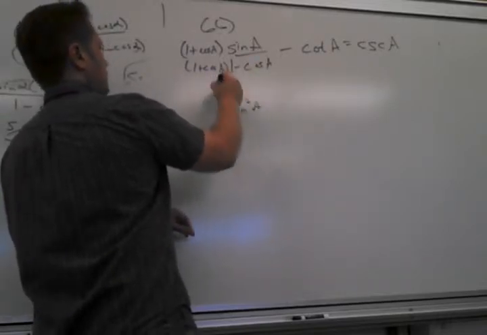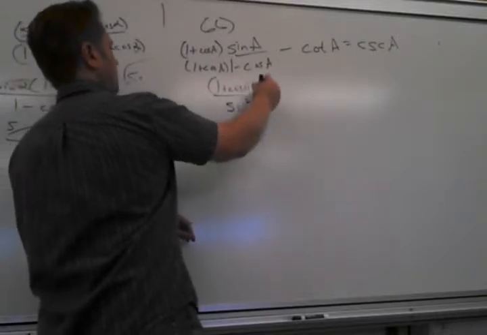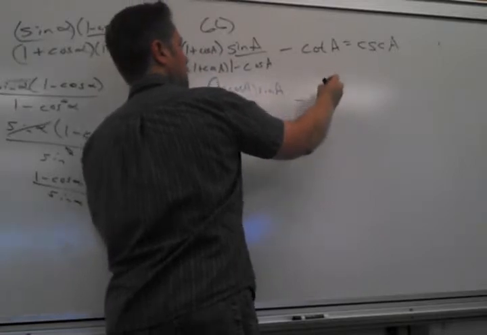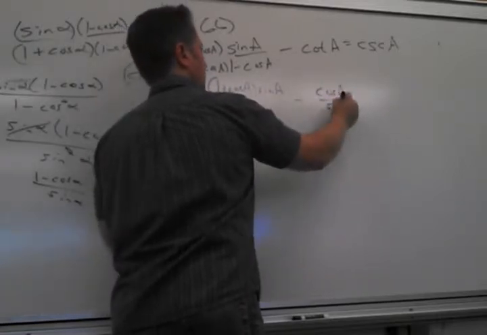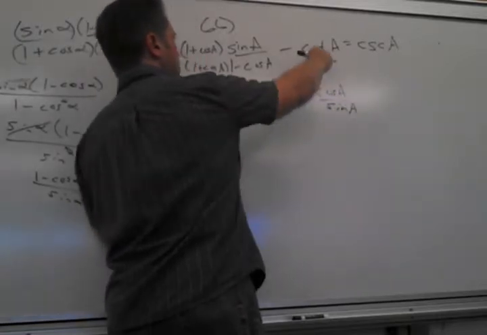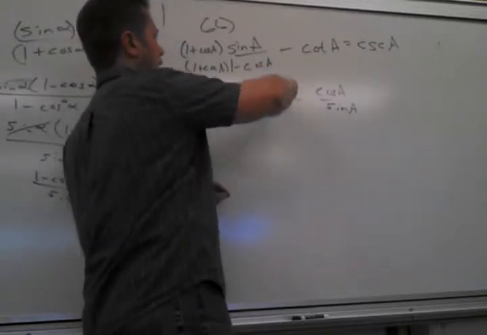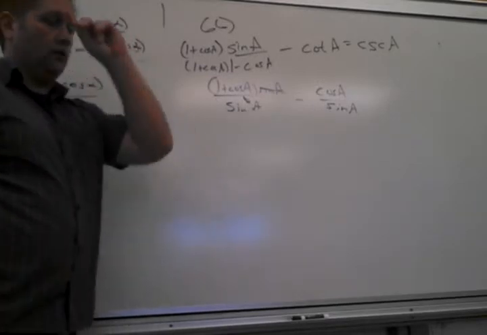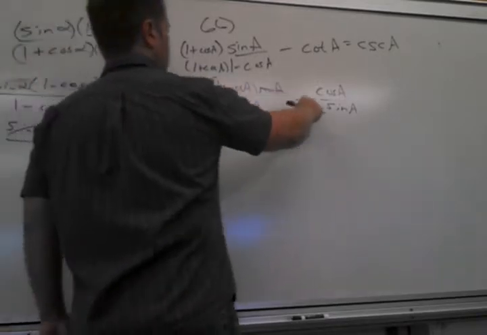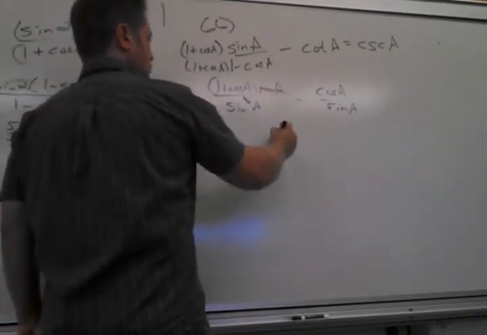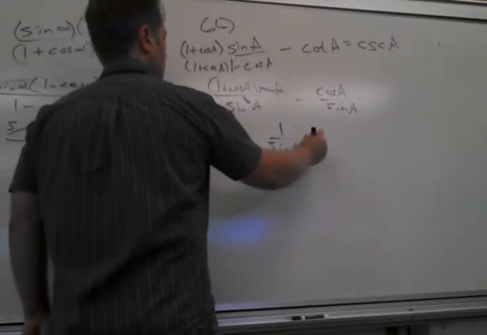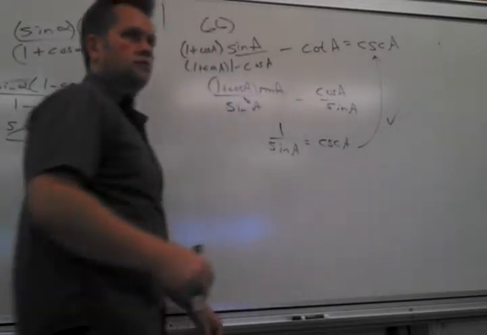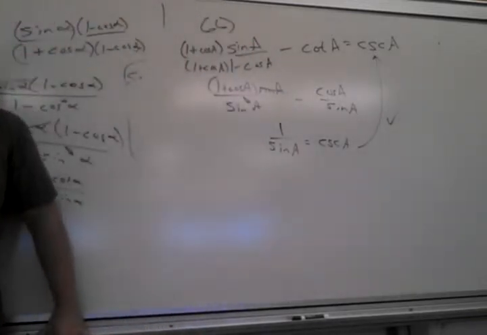I want to keep these apart because, and of course, cotangent is... So instead of forcing the bottoms to be the same from the beginning, if you simplify this piece, the bottoms become the same. And of course, 1 plus cosine minus cosine is 1, and 1 over sine is cosecant. Done. Good.